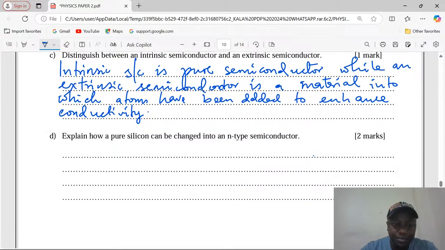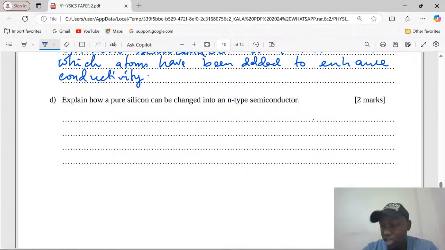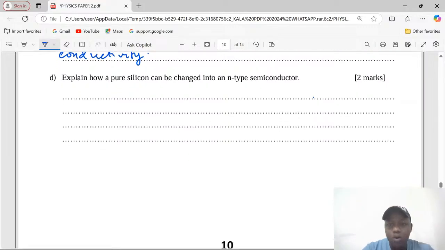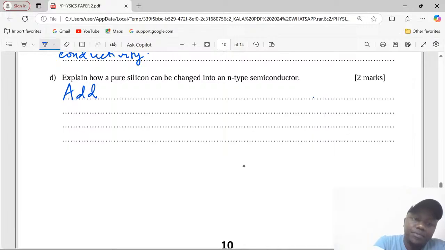Okay. Explain how pure silicon. You know, silicon is a group 4 element, which is naturally a semiconductor. Now, we can make it N-type. And how do we do this? So, we add a pentavalent atom.